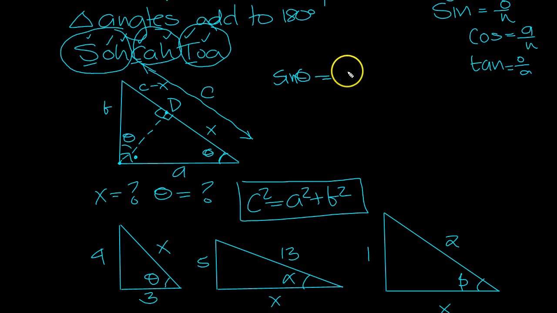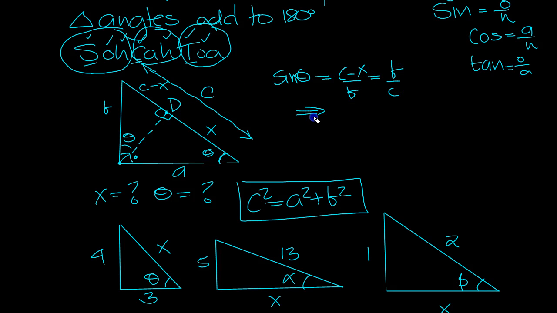So sine theta, we can get it from two places here. C minus x, opposite over hypotenuse. And we can also get it from here. On this right angle triangle, it'd be opposite over hypotenuse, b over c.